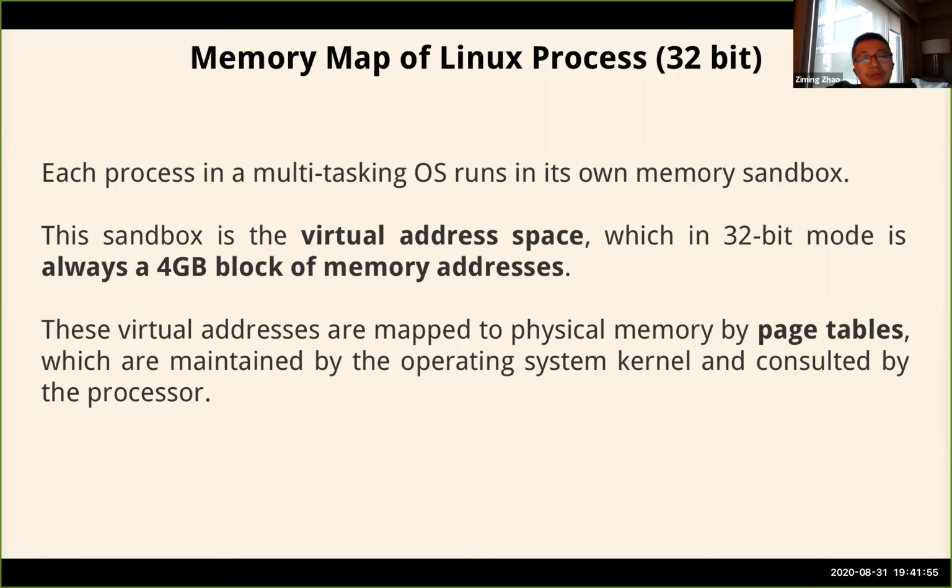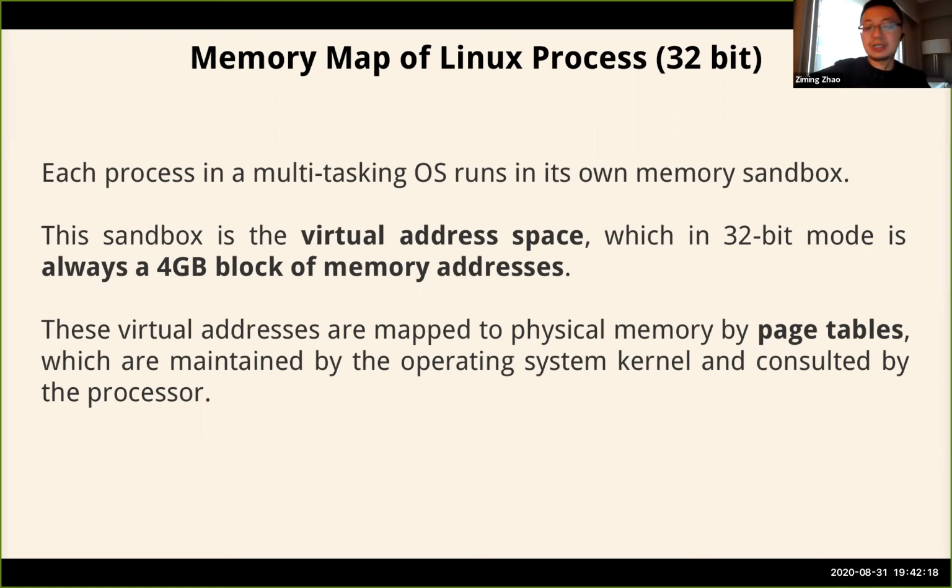Those virtual addresses are mapped to physical memory by page tables maintained by the OS kernel, and it is also related to hardware. The CPU has some registers to specify where to look up and how to translate them.